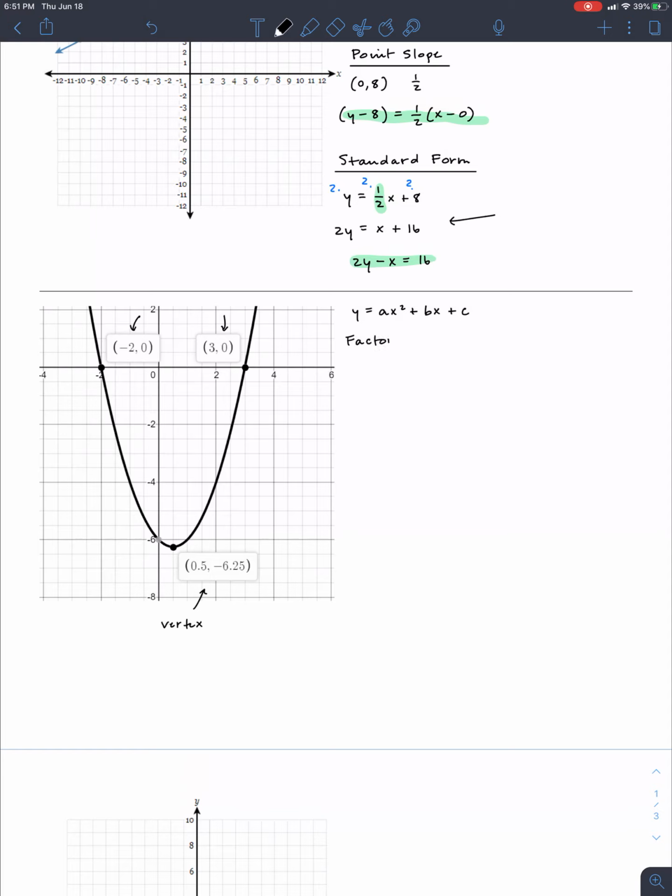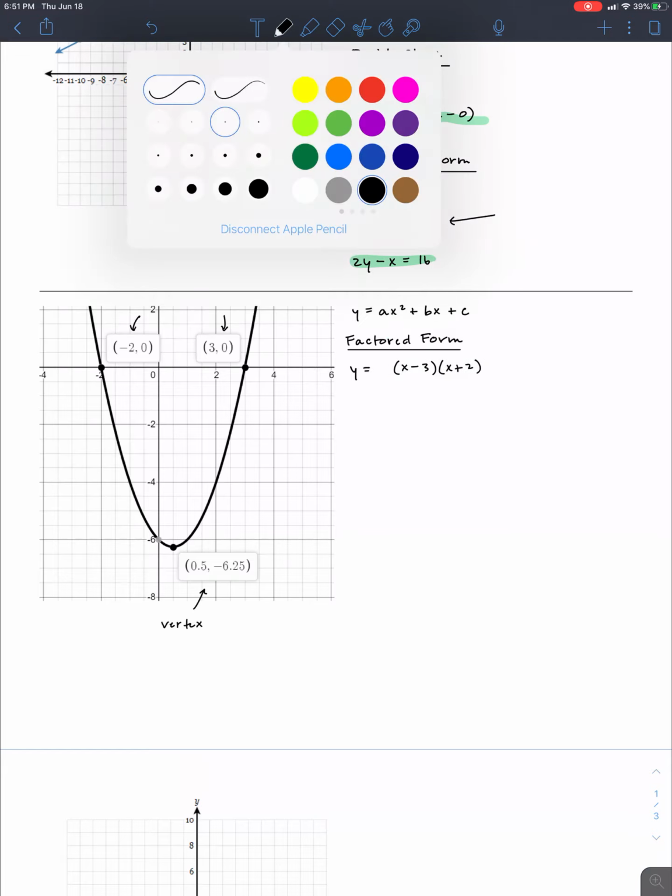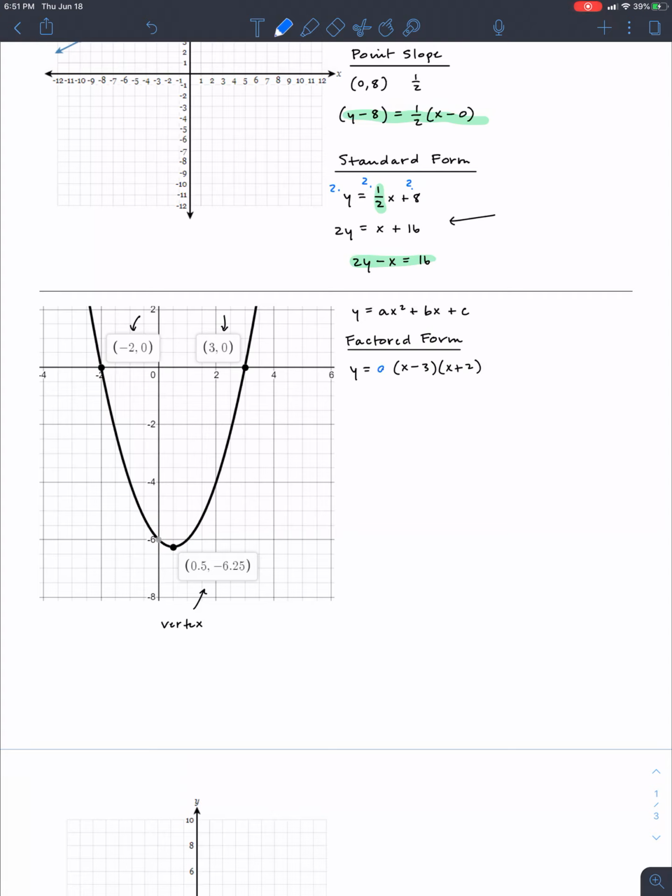Okay. So factored form of this parabola would be y is equal to a times (x minus 3)(x plus 2). And I'm actually going to scoot this part over a little bit, because we're going to need to solve for a.